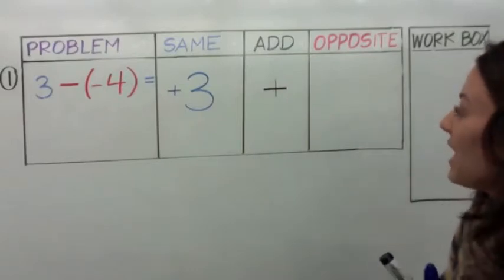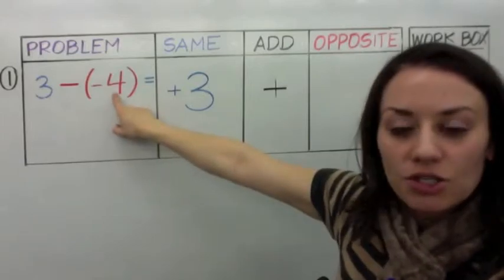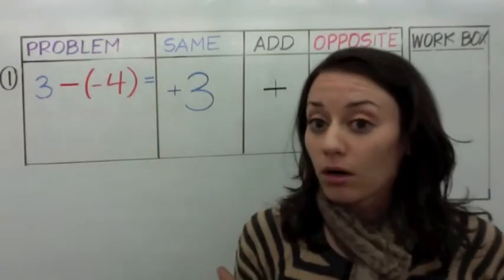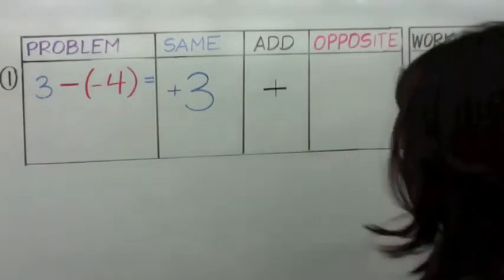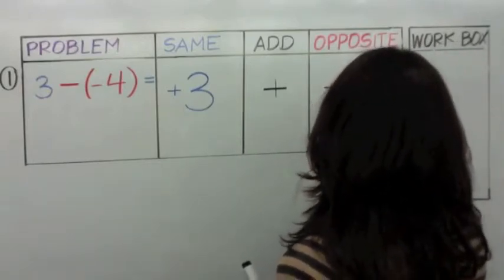Now we look at the opposite of the second integer. The second integer is negative 4. What is the opposite of negative 4? Positive 4. So that changes into positive 4.